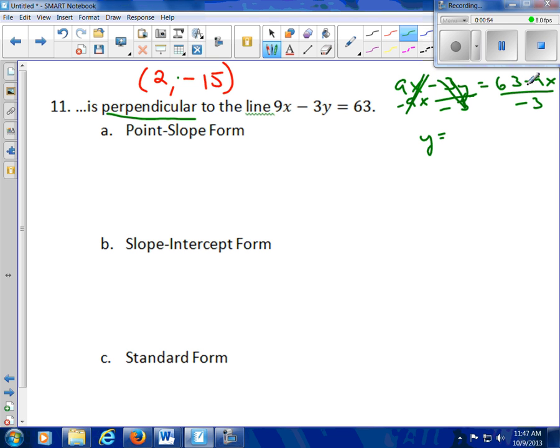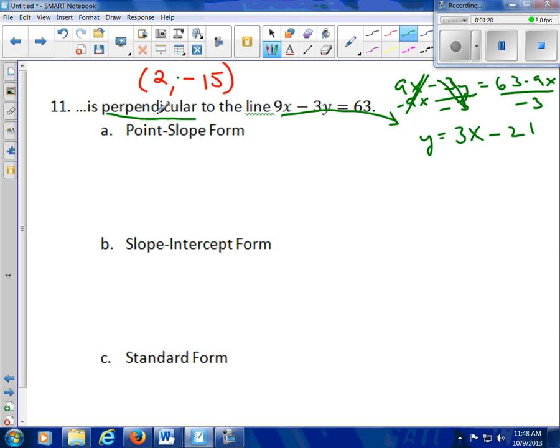And then I'm going to put my x term first. So negative 9 divided by negative 3 gives me positive 3x. And then 63 divided by negative 3 is going to give me negative 21. So I know that that equation right here equals y equals 3x minus 21. They're the same. I just put it into slope-intercept form.